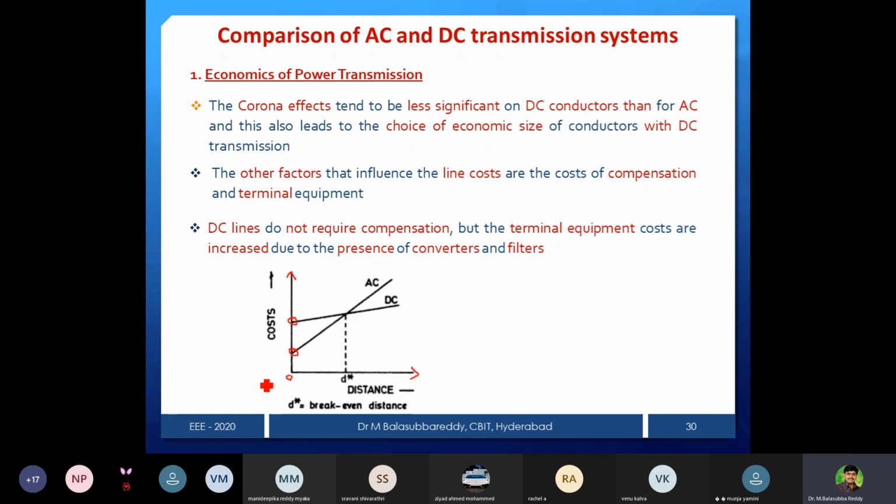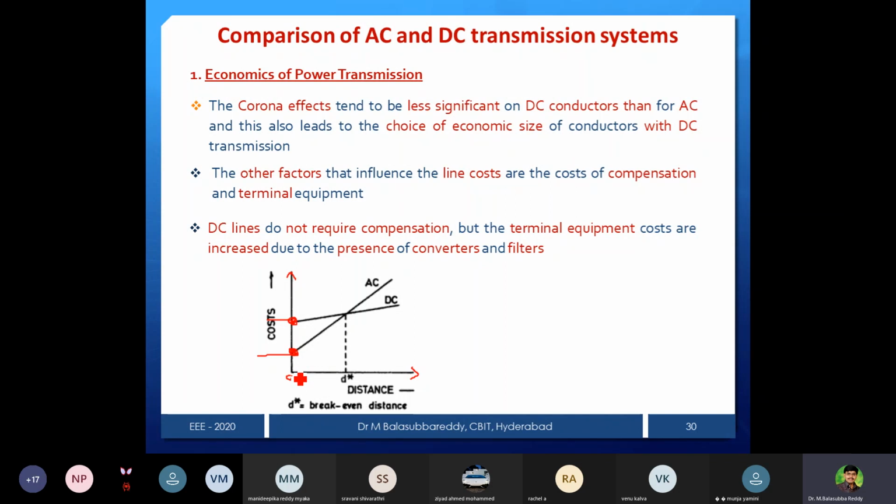So when you compare to DC, the starting cost or installation cost of an AC transmission line is comparatively less than a DC transmission line. So in a DC transmission line, you can see here the initial cost is very high compared to AC.